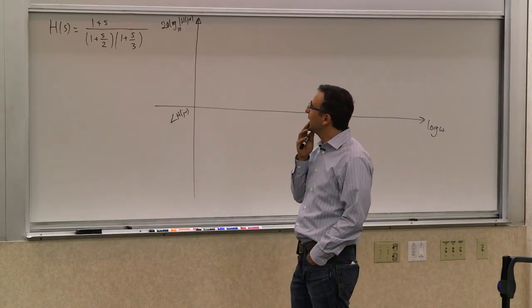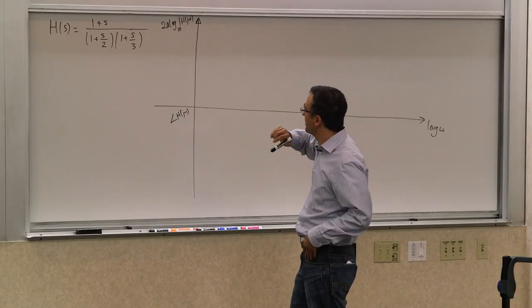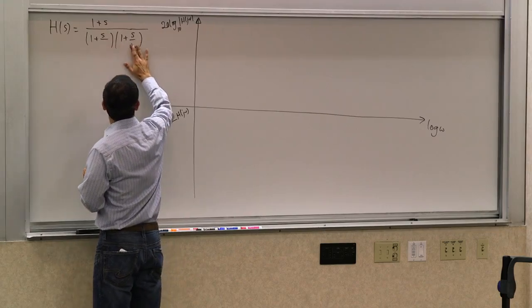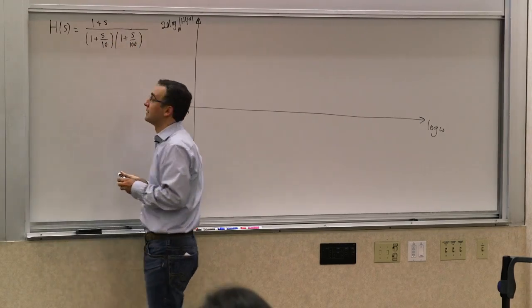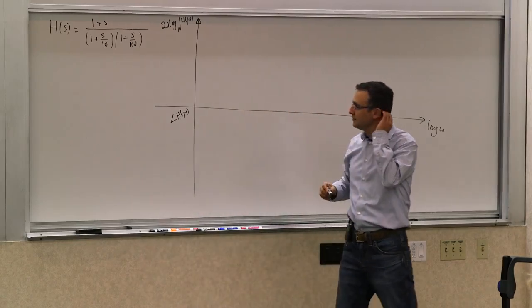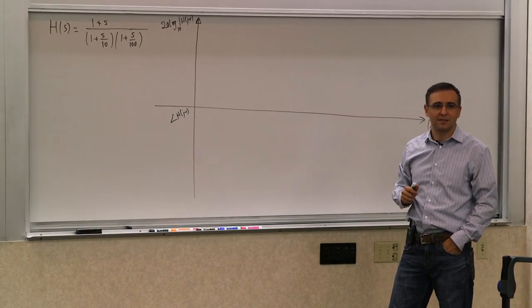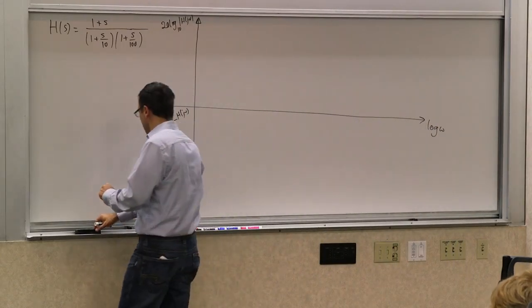Well, first of all, let's look at it at very low frequencies. So what do each one of them give us? So let's look at the asymptote associated. Well, let's make this a little bit different. Sorry, let me make it 10 and 100. It would be easier to look at. Otherwise, it would become a mess. So let me just do a color code on these.